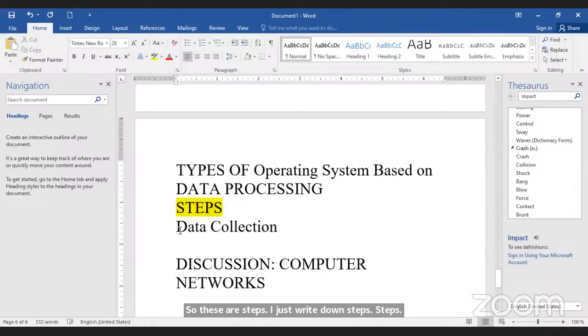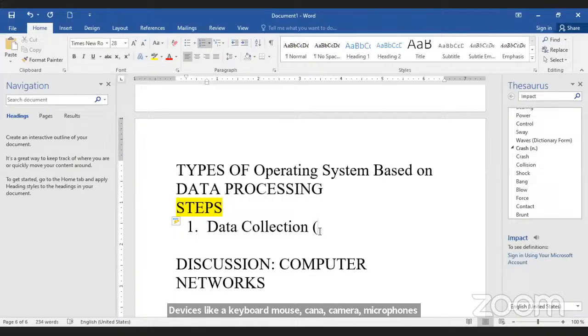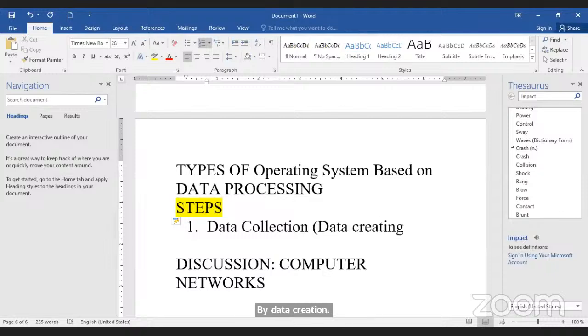Step number one is data collection. How do we collect data on a computer? We collect data using input devices like a keyboard, mouse, scanner, camera, microphone. So we create data by data creation.